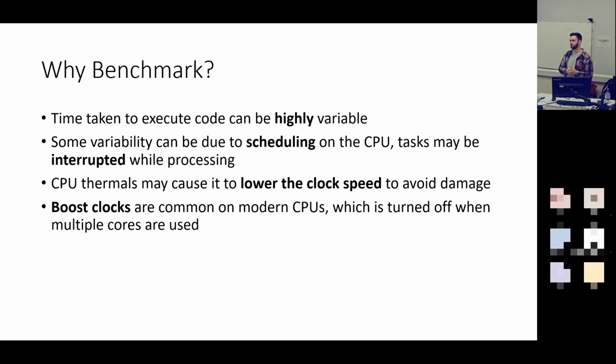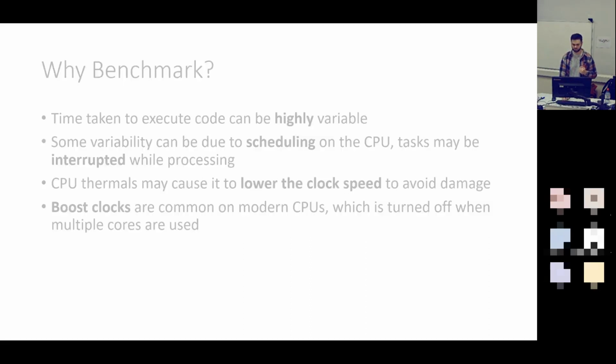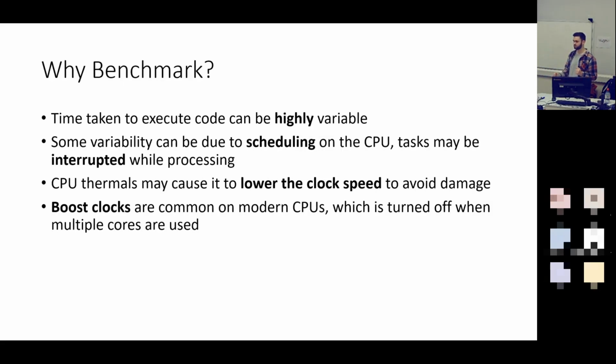So if you're using a single core, the CPU will run that core a lot faster than the rest of the cores to give improved performance on your single-threaded code. But then if you go to use multiple cores, then it won't be able to dissipate the heat from running all of them at the same speed. So it has to lower the speed to make sure it doesn't overheat. That will make sense.